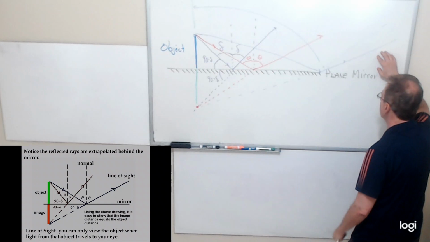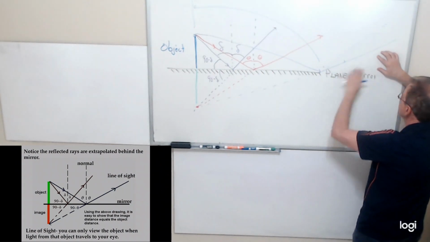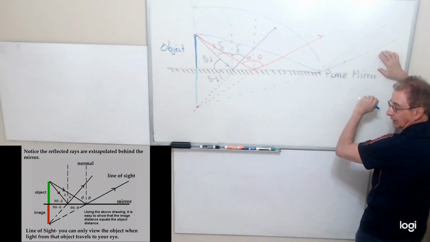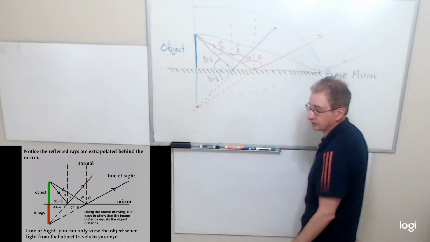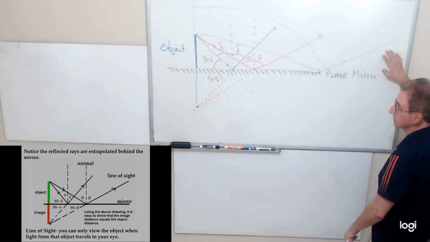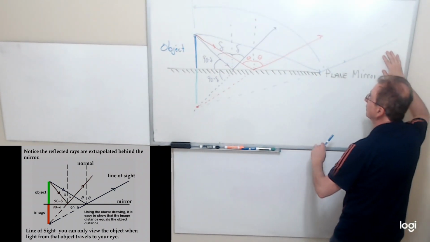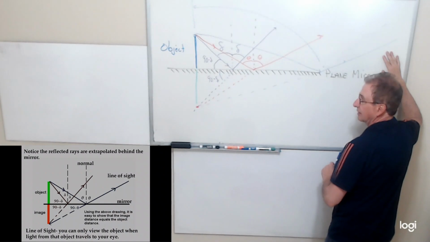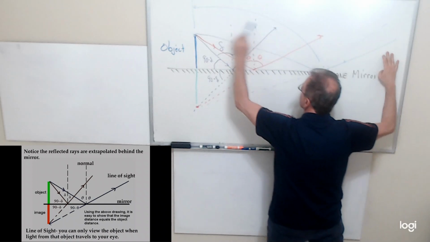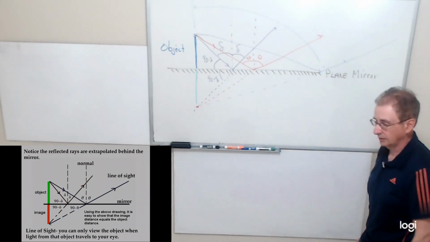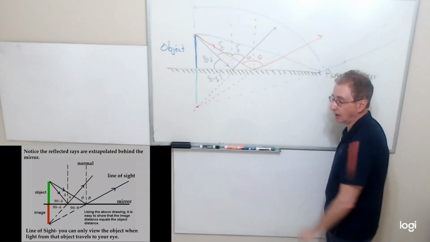If you're over here, no light rays will come to you from that point. And so when you're over here, you will not see the image of the object. You're outside of the range, really outside the line of sight. And so you won't be able to see the image from over here. You will only be able to see the image of the object if your line of sight is in this region. Line of sight is basically the line for which the rays can come towards your eyes.